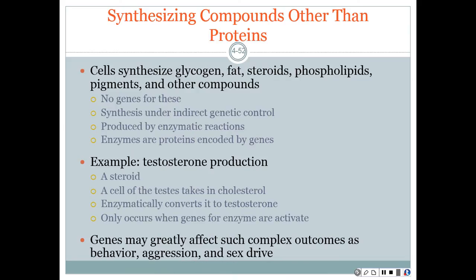Now, compounds other than proteins are synthesized in cells and are made through the activity of enzymes, which are proteins encoded by genes. Now, there are no genes for stored testosterone, but a cell of the testes will convert cholesterol into testosterone if the genes for the enzymes are activated.